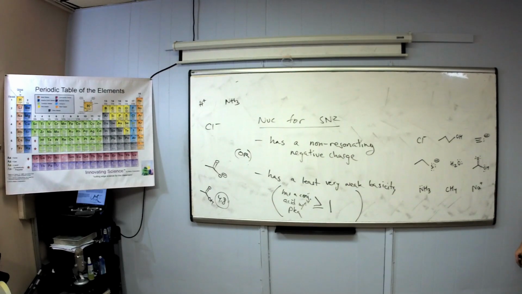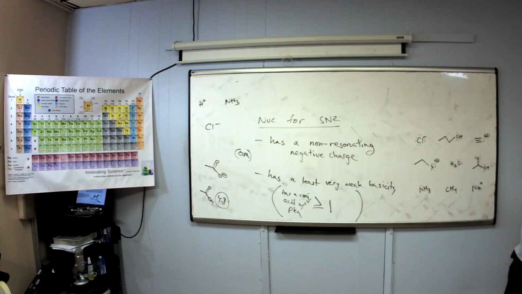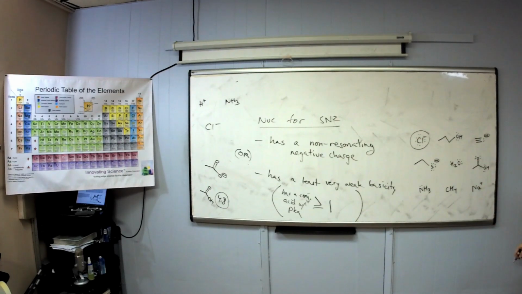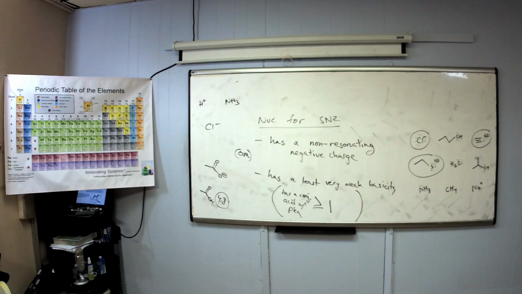Here's something we could do automatically, right? Whatever, I'll put in the dots, it didn't really matter. Do you notice that that's a negative charge, no resonance? So is that, and so is that. So definitely those are nukes for SN2.